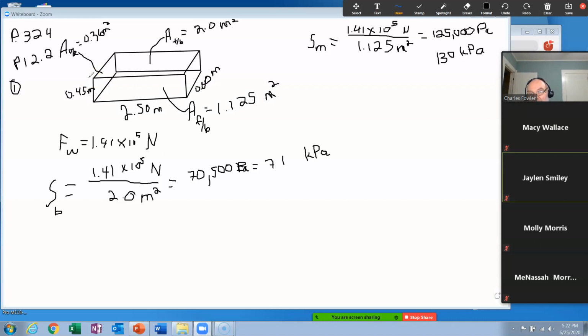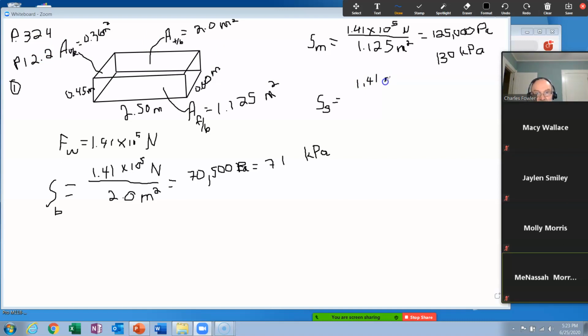square meters, okay, that's 0.45 times 0.8. I'm calling this the small side, but it's going to be the biggest pressure or stress, and that's your same 1.41. Oh, by the way, Mercy and Manasseh, when you came in a little later, we're working example 1, problem 1, and problem 12.2 on page 324, okay?